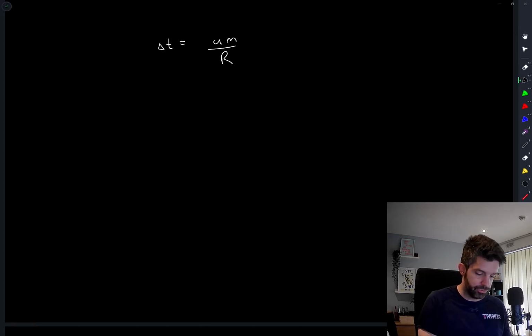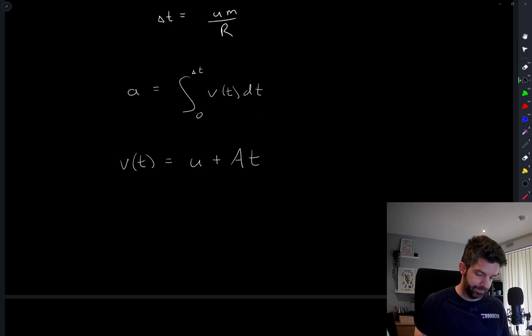Now the distance it travels, which has been called a, is an integral of the velocity, which is a function of t, dt, and we integrate this from 0 up to delta t. Okay, and what is v of t? This is equal to u plus a times t.